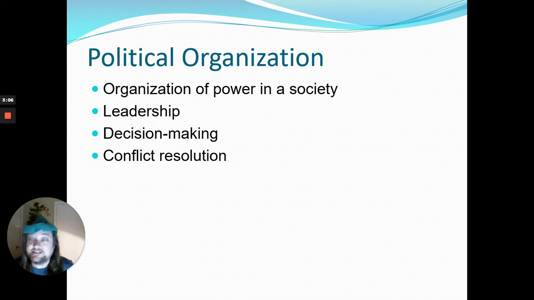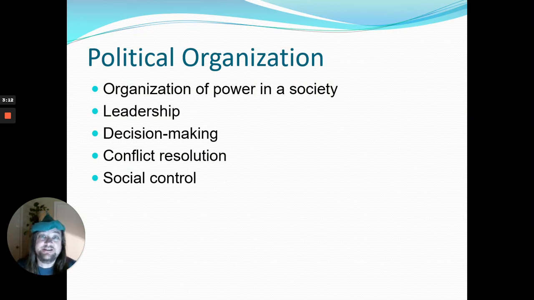Social control. Every society in the world has norms and values that people try to live by, or are encouraged to live by, ways that people are expected to behave, and these are different from culture to culture, society to society. Back when we started talking about culture, we said not everybody who shares a culture agrees with each other, but there are some common things.